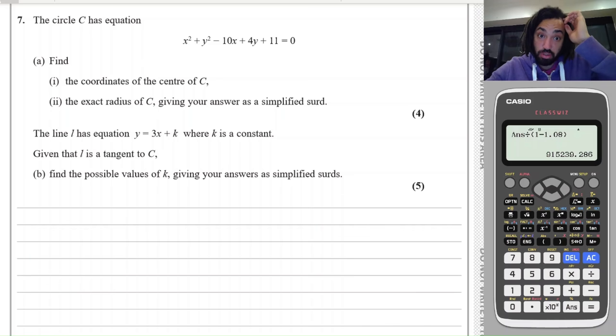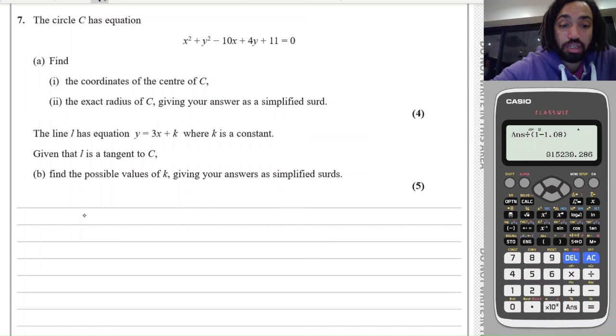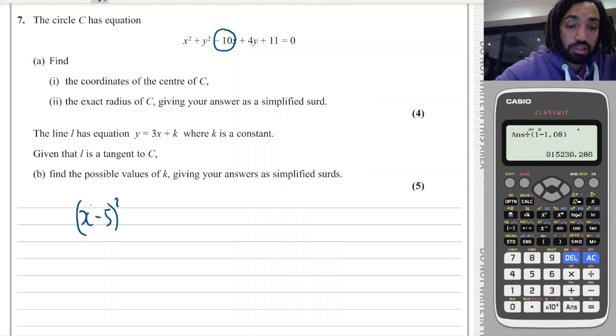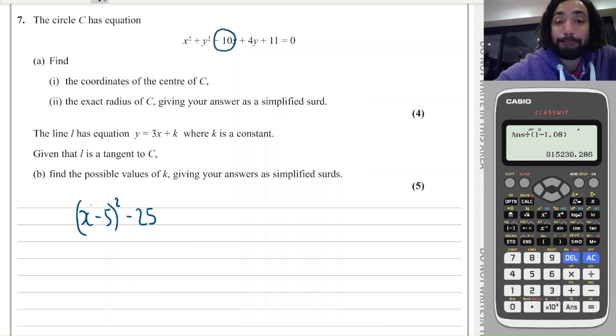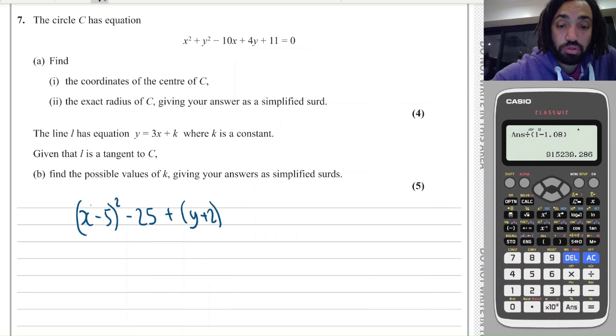Circles, find the coordinates of the center of the circle. So we need to do completing the square here. So we've got the x, let's take the x value, the half of that is minus 5 squared, take away 5 squared, which is 25. And the y's, we're going to have y and take this, half it, is 2, so plus 2 all squared, and then take away 2 squared, which is 4.